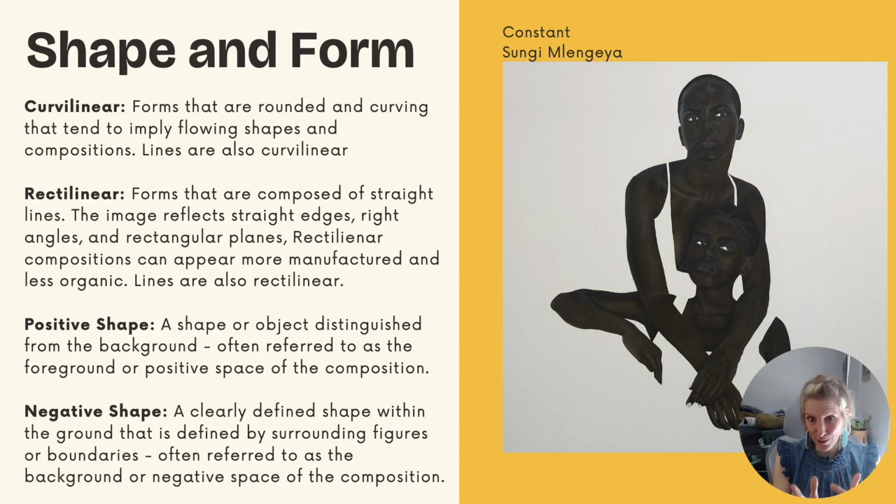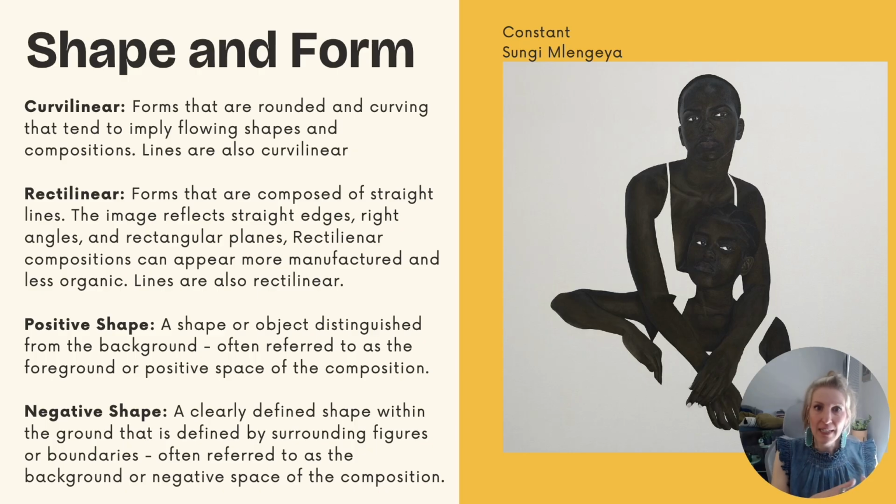Lines are also curvilinear. Rectilinear forms are composed of straight lines. The images reflect straight edges, right angles, and rectilinear patterns. Rectangular patterns. Rectilinear compositions can appear more manufactured and less organic. Lines are also rectilinear.